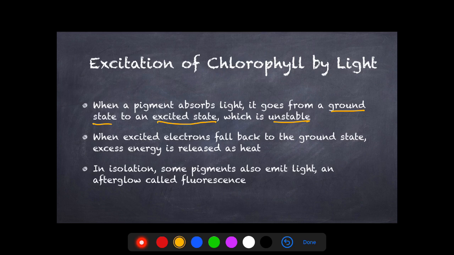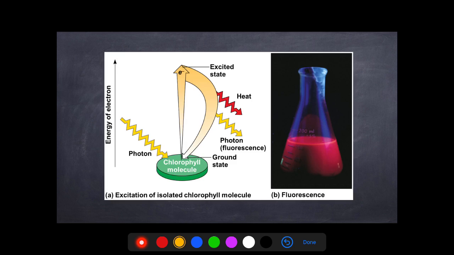Now, when the excited electrons that have gone from the ground state to the excited state fall back to the ground state, the excess energy they have is actually released as heat. And when this happens in isolation, some of the pigments that go through this process will actually emit light and cause a fluorescence kind of glow that occurs later on.